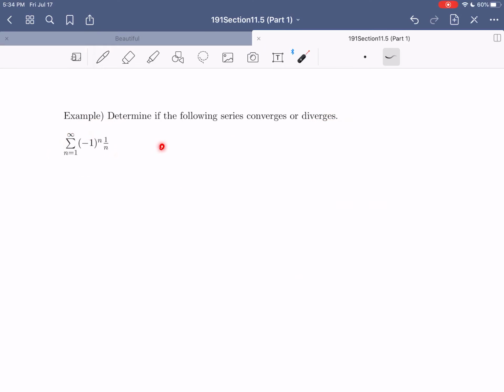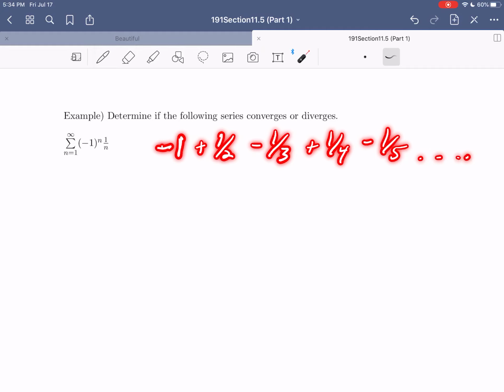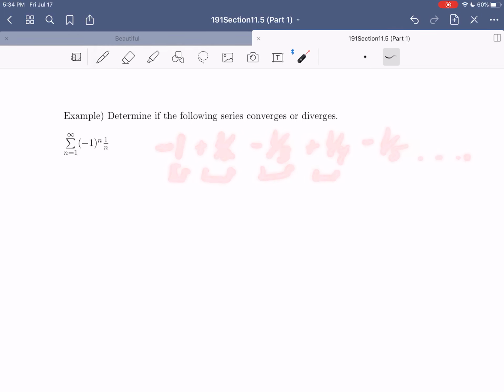This is actually minus 1 plus a half minus a third plus a fourth minus a fifth, and so on and so forth. So notice that these negatives are canceling with these positive terms. They're not canceling out completely, but they're reducing in magnitude. So this has a better shot at converging than the one that doesn't have that (-1)^n in it. So how do we analyze this?